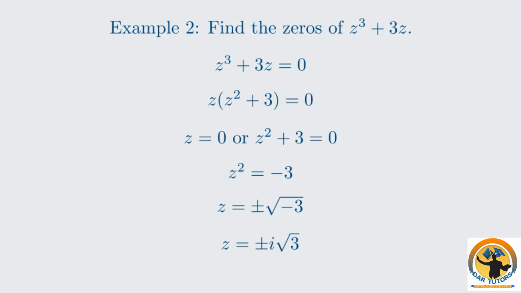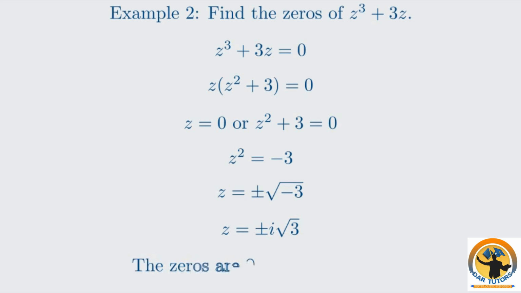For the second factor, z squared plus 3 equals 0, we get z squared equals minus 3. Taking the square root of both sides, we find z equals plus or minus i times the square root of 3. So the three zeros of this cubic polynomial are 0, i times the square root of 3, and negative i times the square root of 3. Again, we see a complex conjugate pair.